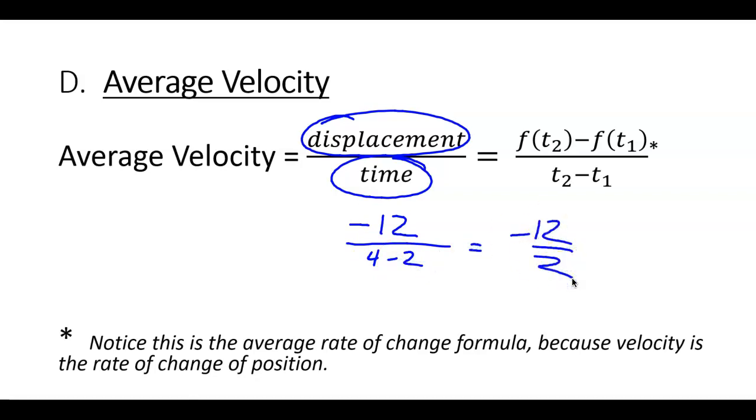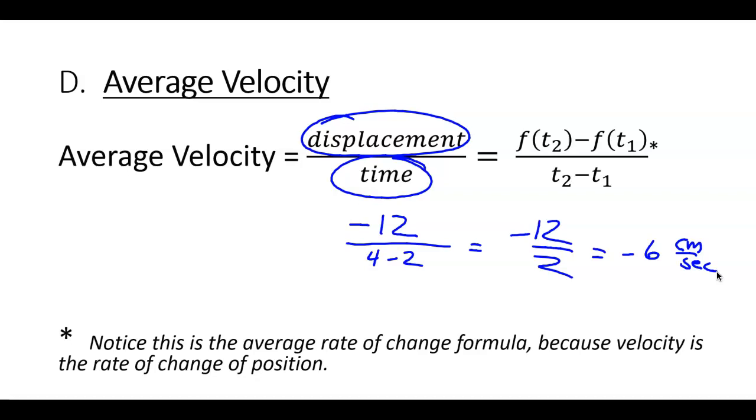So it seems like this object moved 12 spaces to the left in 2 seconds. That means its speed is what? It's centimeters per second. So its average rate of change on that interval is negative 6 centimeters per second. It went 6 centimeters per second on average.